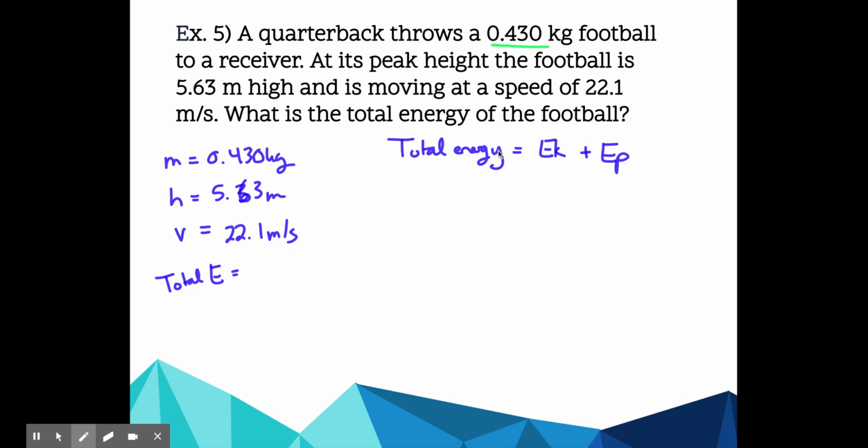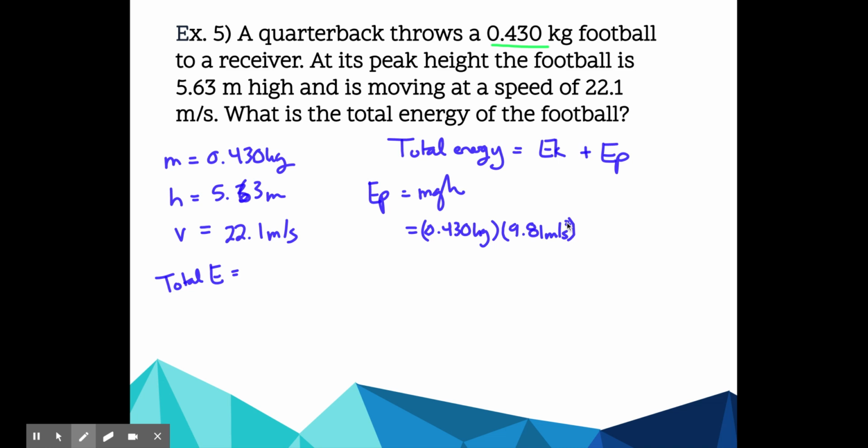So you have to find EK and EP. So, I like to find EP first. Why? Why not? mgh. Mass is 0.430 kilograms. Gravity, or g, is 9.81.